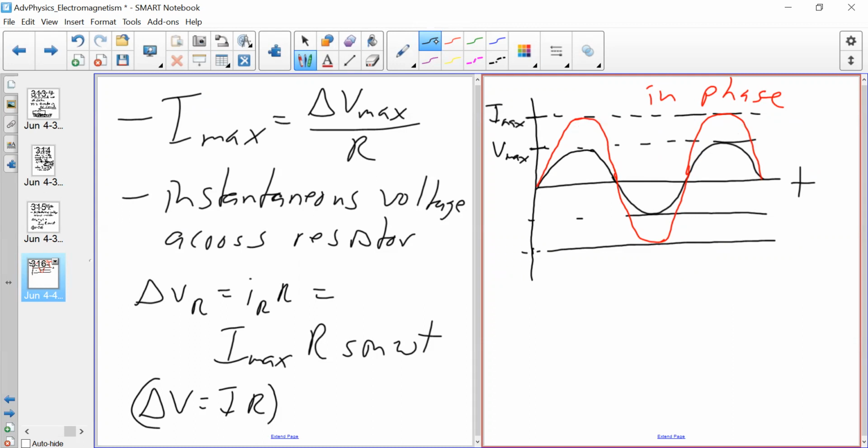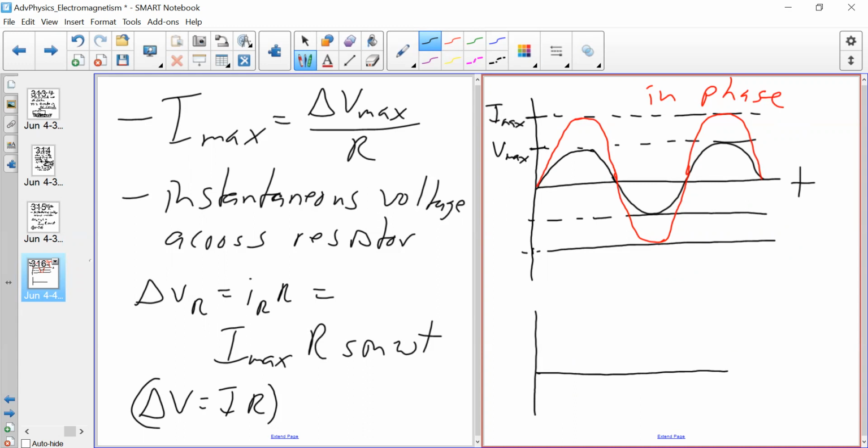Now, we're talking about this thing called a phasor diagram. So basically, a phasor diagram is looking at the vectorial nature of the voltage and the current. It's basically looking at it in terms of a unit circle, as it goes from 0 all the way around. And so we're going to compare the magnitudes of the voltage and the current by two vectors, and we'll represent this in-phase thing with vectors.